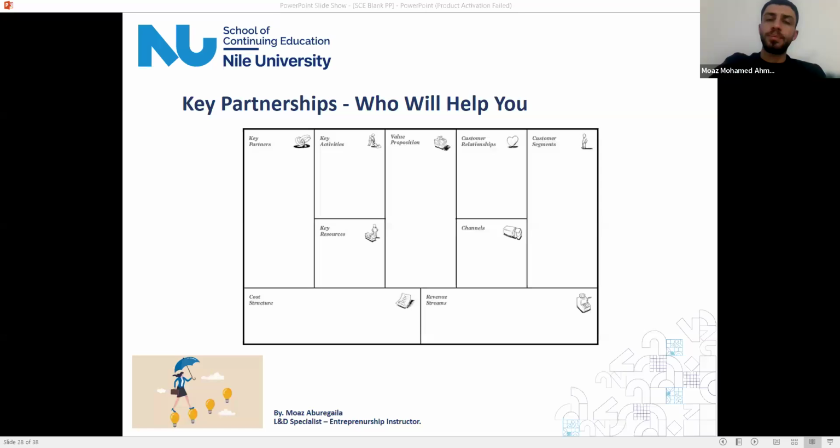What role do they play? The key partnerships refers to the external companies or individuals that will help you execute your business model. Partners can provide resources, reduce risks, or even help you scale faster.